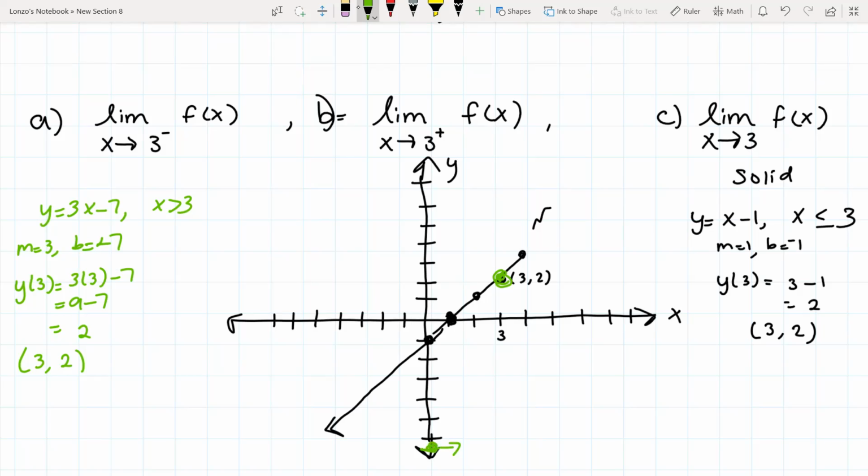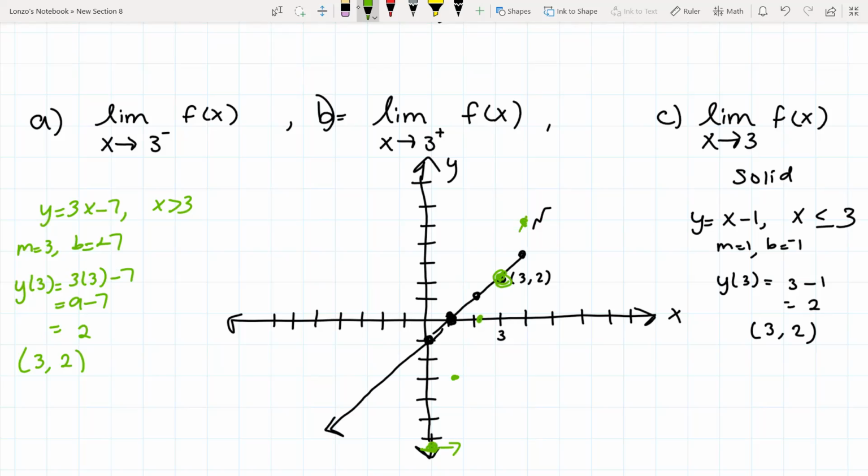And then our slope is 3. So you could go up 3, 1, 2, 3, right 1. And then go up 3 again, 1, 2, 3, right 1. And then from this point, go up 3, 1, 2, 3, right 1.